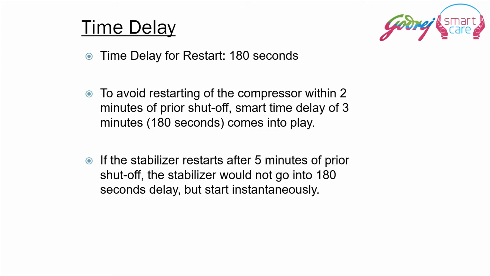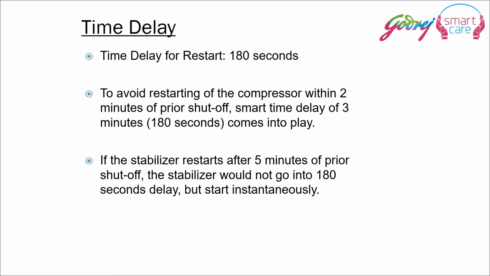Whenever the stabilizer is put off because of any error, the time delay for restart is 180 seconds. To avoid restarting of the compressor within 2 minutes of a prior shutoff, a smart time delay of 3 minutes comes into play.